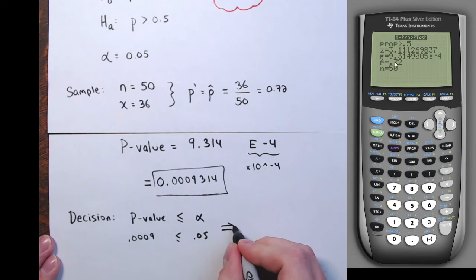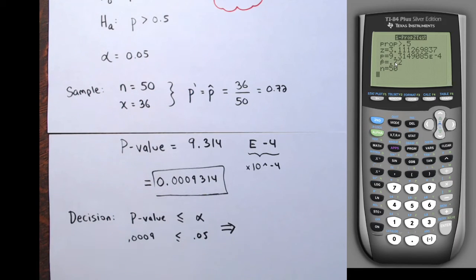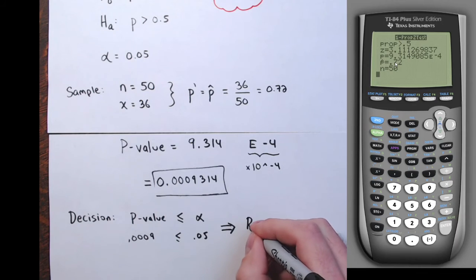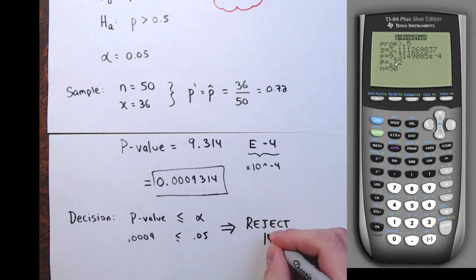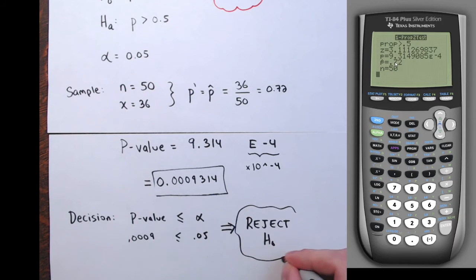And if your p-value is less than or equal to alpha, you reject the null hypothesis. Reject that assumption from the null hypothesis.